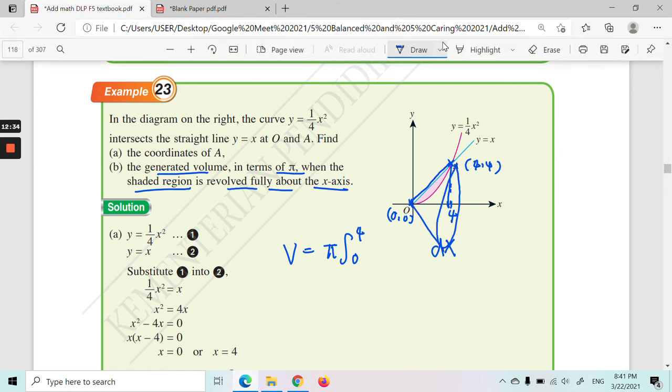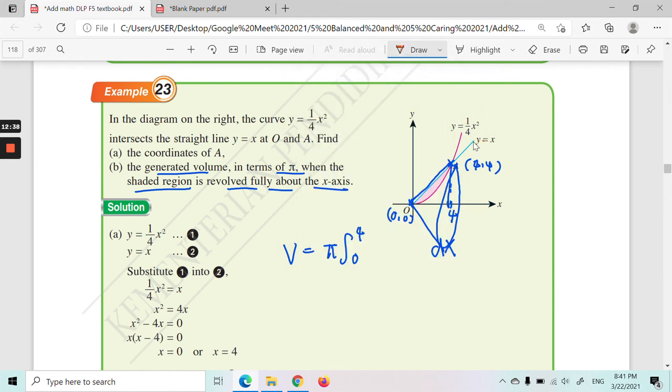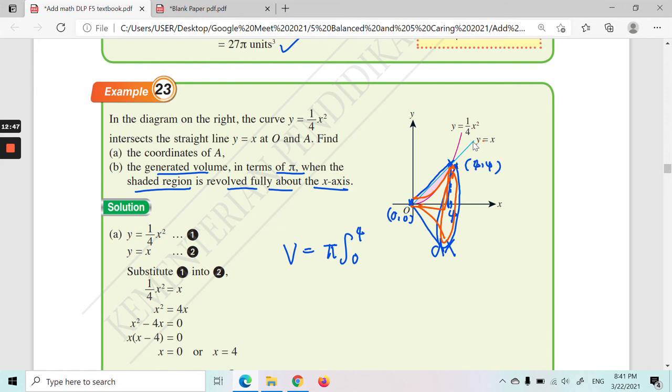And then if I integrate this curve, I can get a shape like this. So the straight line minus this, then I can get what we call this shape. Can you imagine the shape? Something like a ring.